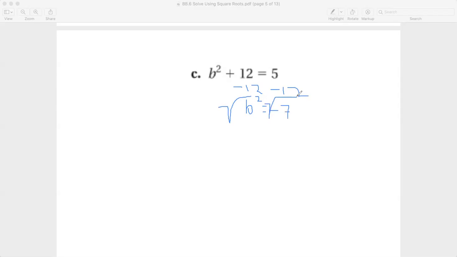The square root of a negative is absolutely impossible. It will say error. So anytime you square root a negative, you should end with no solution. And remember, that's the symbol for no solution. You cannot square root. Very important.